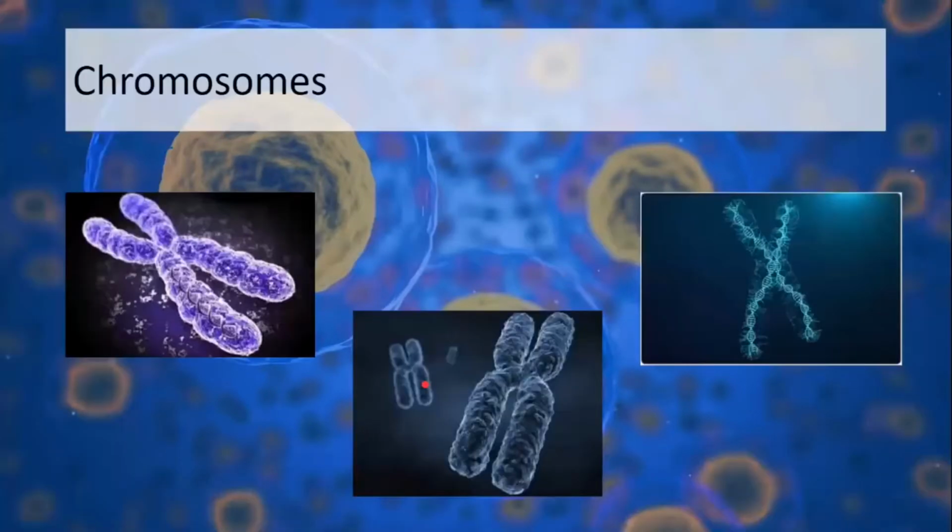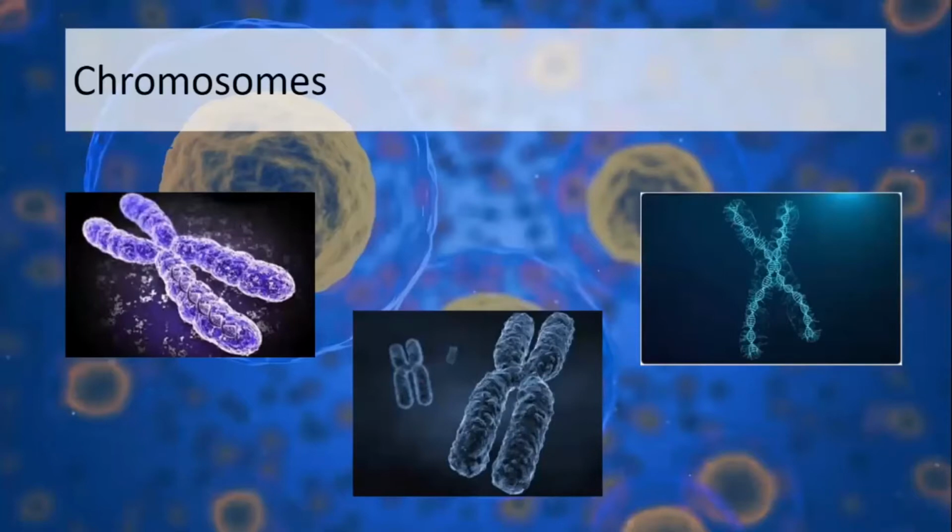So we start with chromosomes. In order to survive and grow, our cells have got to be able to divide, and that means our DNA as well. Chromosomes contain genetic information. Most cells in your body have a nucleus. The nucleus contains your genetic material in the form of chromosomes. Chromosomes are coiled up lengths of DNA molecules.